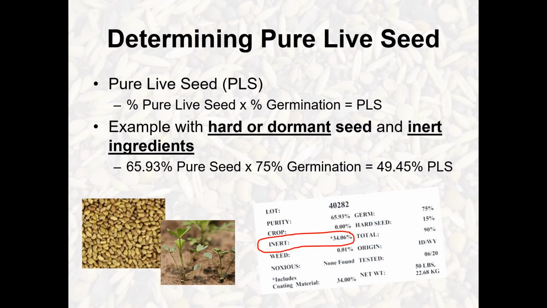Let's look just a little bit more at this example that shows that the pure live seed was only 49.5%. In this case, it's not low because of poor quality seed. It's more due to being coated. You coat seed to ease the planting of small seeds, and sometimes to make sure the suitable treatment is needed for the seed, such as an inoculant in the case of a legume.